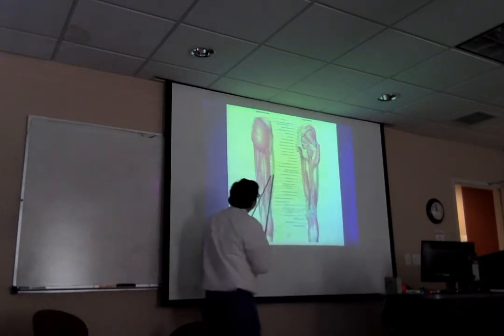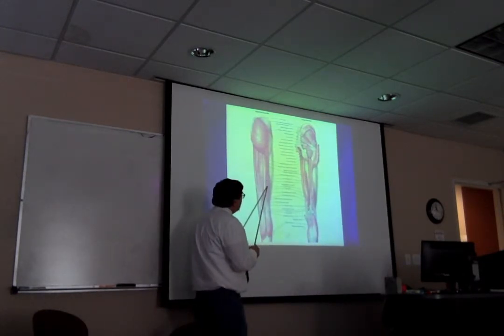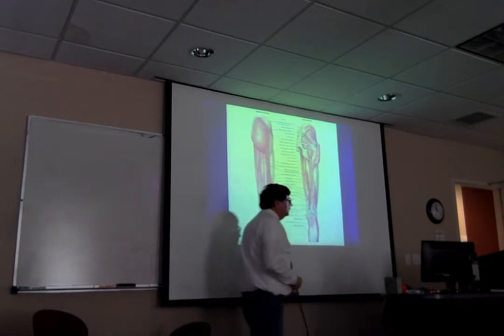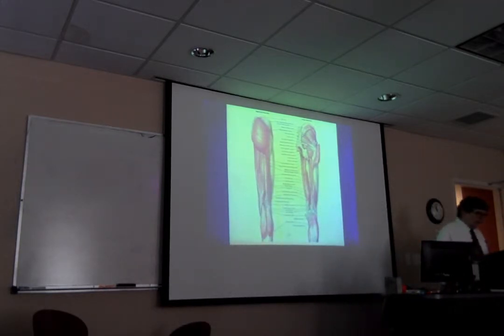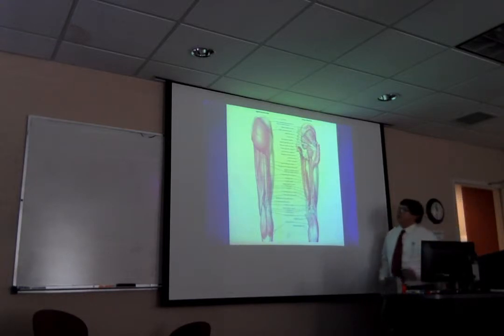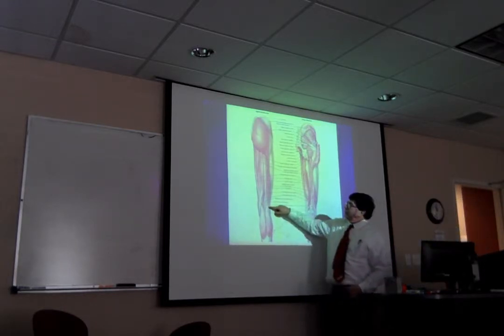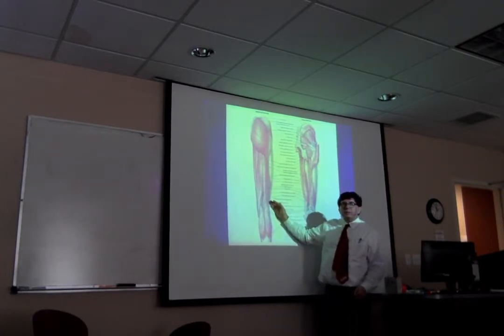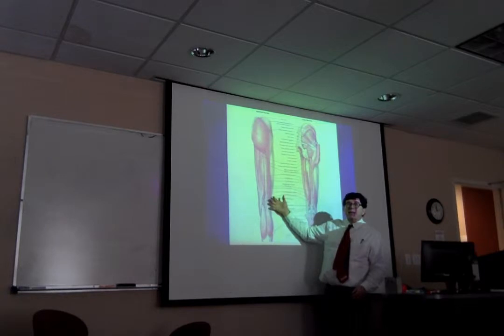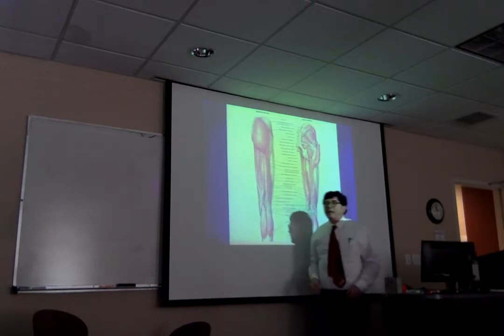Now, distally, the biceps femoris, the lateralmost, is going to attach to the lateral condyle of the tibia, as well as the fibular head. So down here, it's the lateralmost muscle, so you would expect it to attach to the lateral condyle of the tibia and the fibular head.